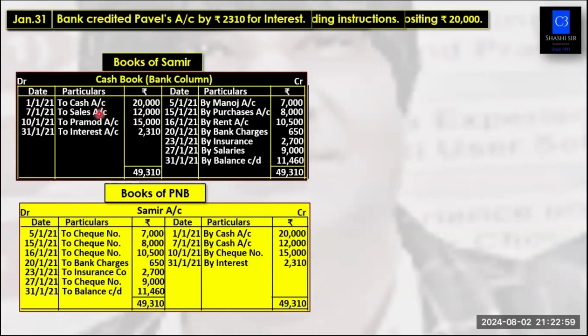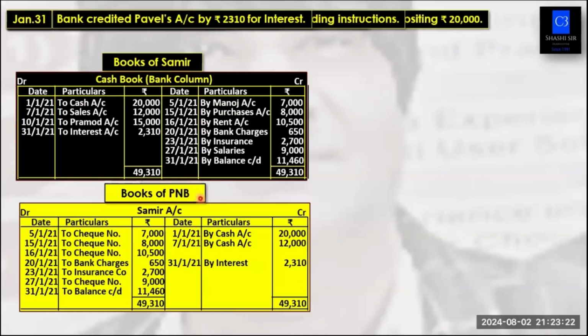This was a check received from Mr. Pramod, 15,000. Suppose this check has not been cleared and the bank has not credited us.